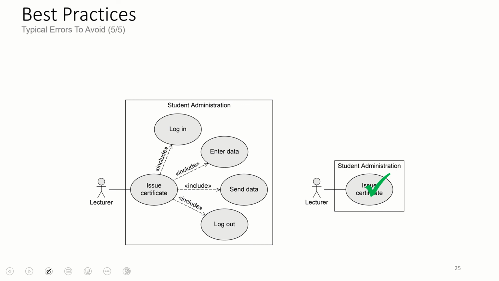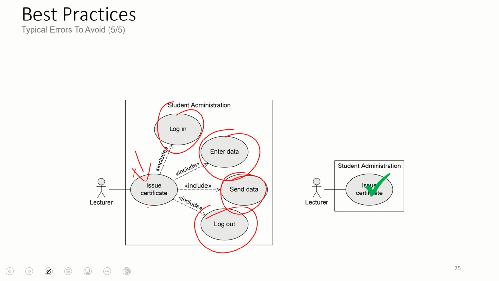Look at this one. This is the same problem as in the previous example. All of them belong to issue certificate, but it doesn't mean we need to put every step and every small piece of a function into the use case diagram.